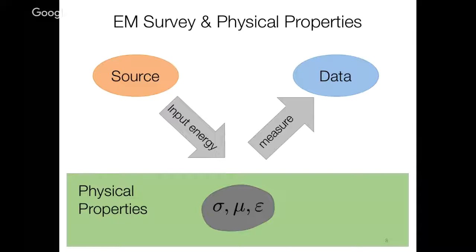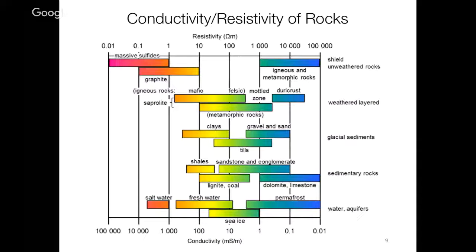So those are three things that potentially enter in, and depending on where you are in this spectrum, one or the other might be more dominant. We're going to concentrate on electrical conductivity, which is the same as we've been talking about with DC resistivity. We've shown you this diagram before, so I don't need to go through it. Resistivity is on the top axis, and conductivity, its reciprocal, on the other.